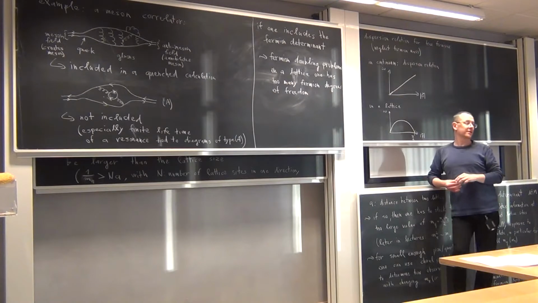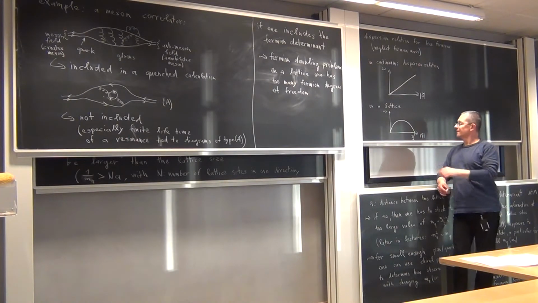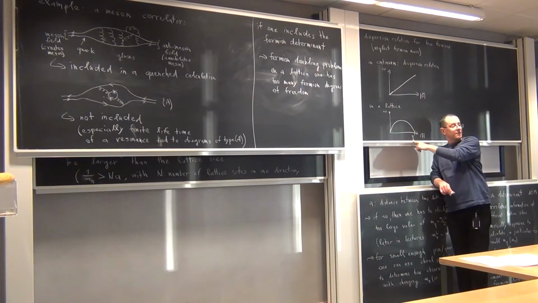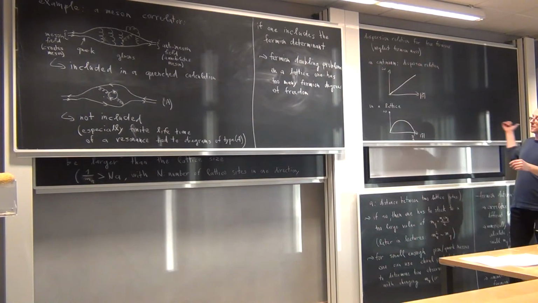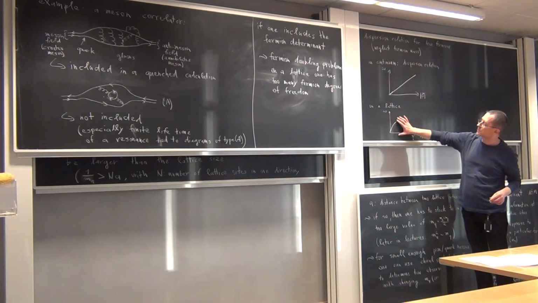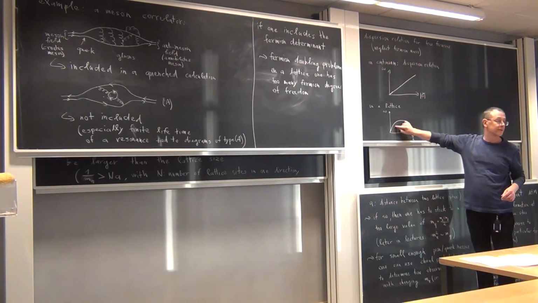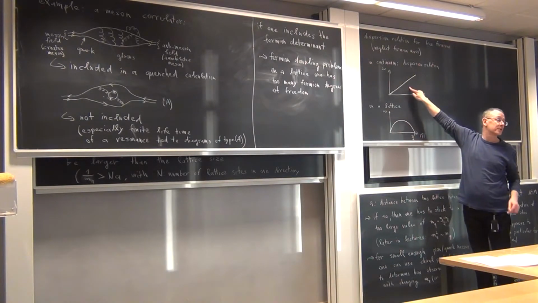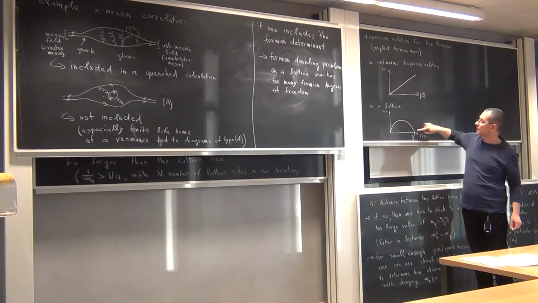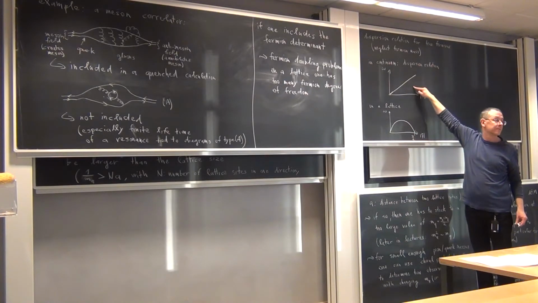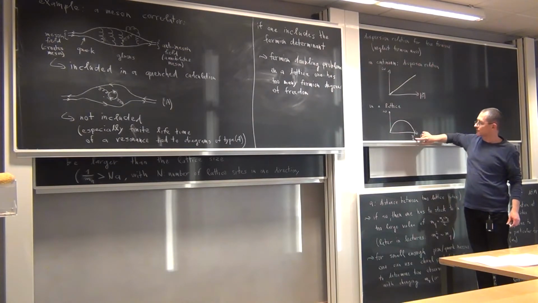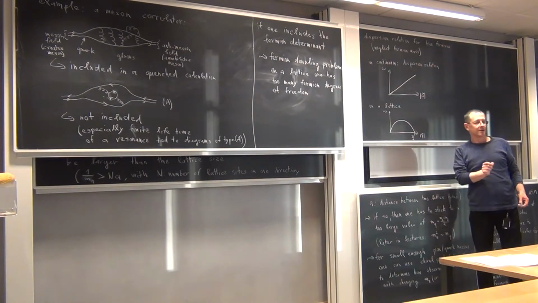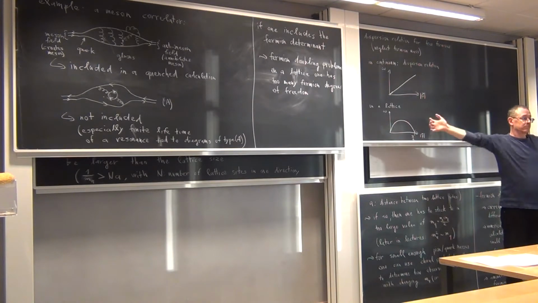Why does one read it off here? You see, if a goes to 0, this moves to infinity, and then the only thing which is relevant is this start here, which looks like this. If the discretization goes to 0, the Brillouin zone goes to infinity.